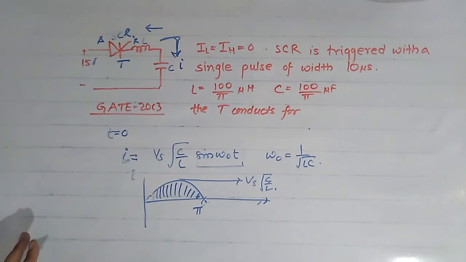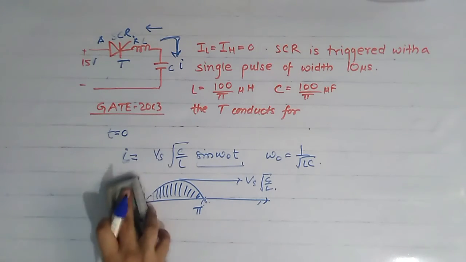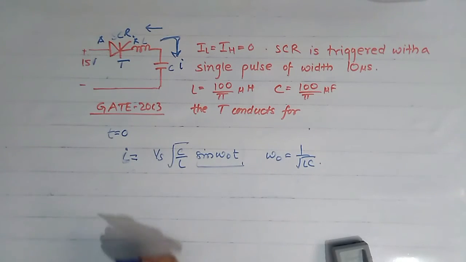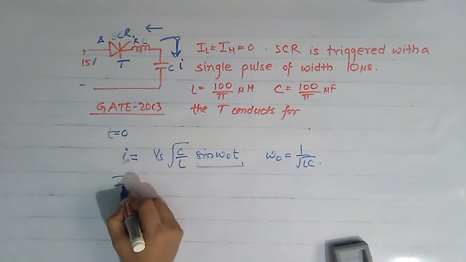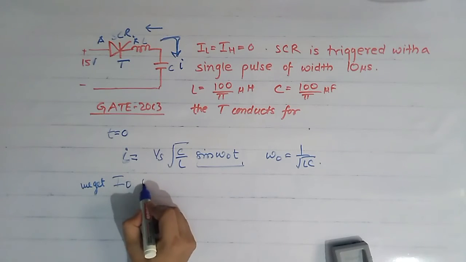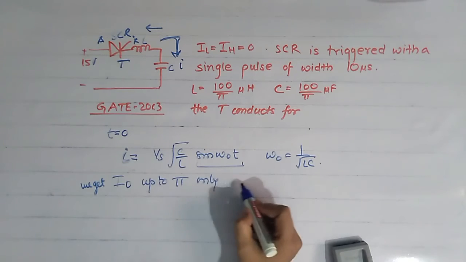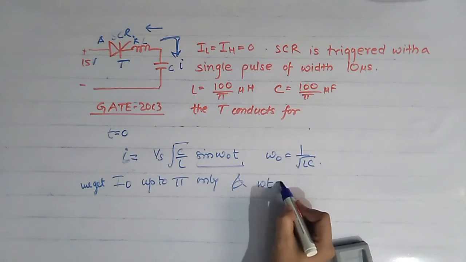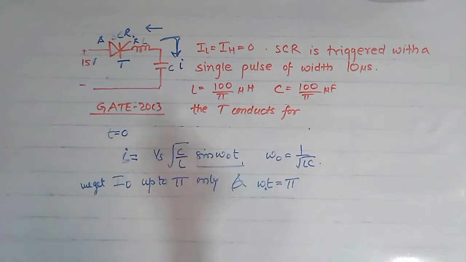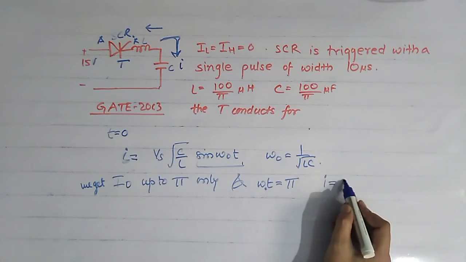So we can say that this thyristor will conduct up to pi, and at omega naught t is equal to pi, this current I is equal to 0.